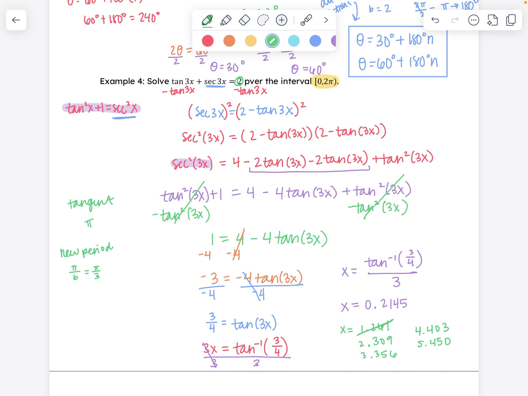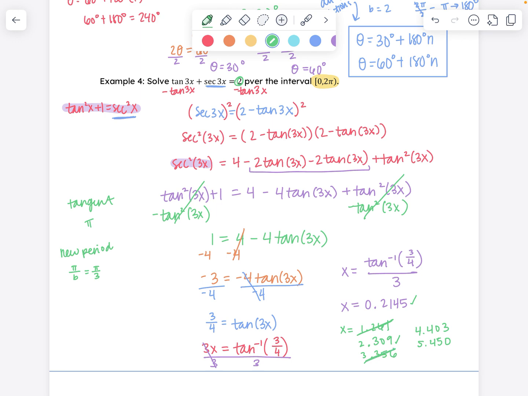And so you can kind of go through and check your answers just to double check and make sure that they work. Because when you do have a problem that looks like this, where you've got a tangent and a secant and you've changed it, sometimes your answers will work and sometimes they won't when you've got these calculator problems. So when I do this one, the 0.2145 works. That one doesn't. The 2.309 works.